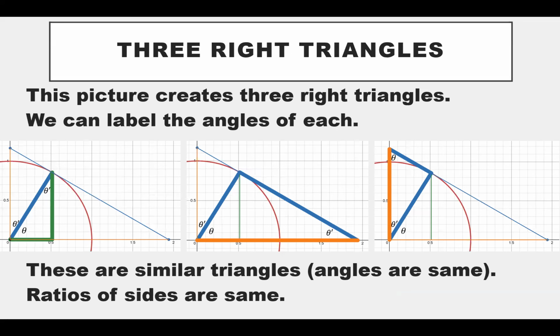And now we have three right triangles. One is the right triangle we saw earlier, whose legs are cosine theta, sine theta. The other goes from the origin to the point on the unit circle and to the x-axis and back. And the last one goes from the origin to the point on the unit circle to the y-axis and back.